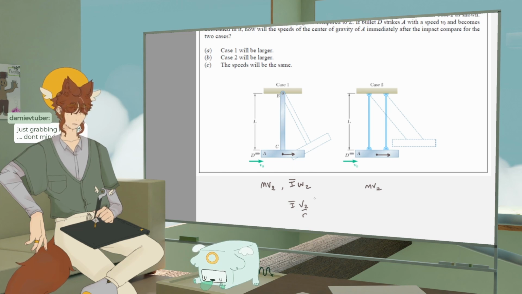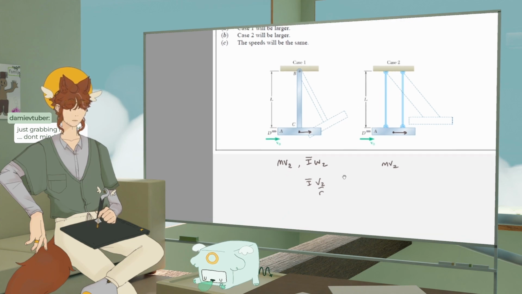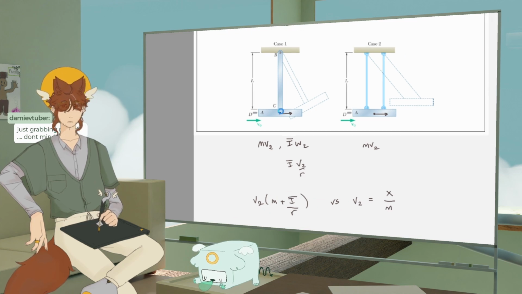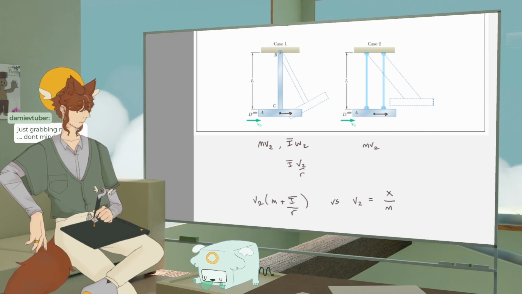In this case, we would have V2 times M plus I bar over R, versus V2 equals X divided by just M. So this one is going to be smaller, because we have more stuff that we're dividing by on the other side.